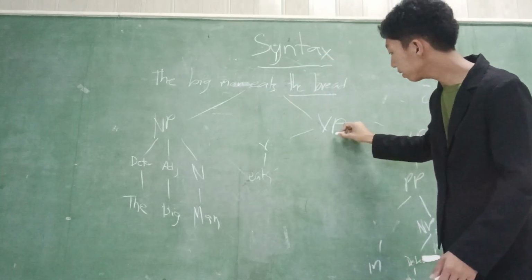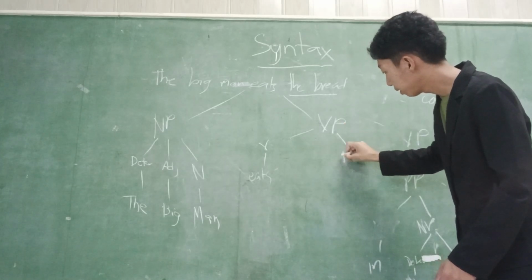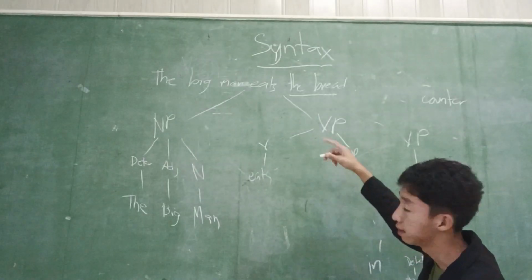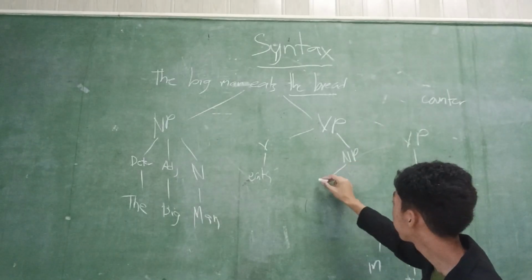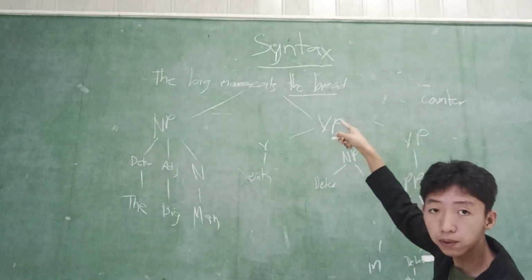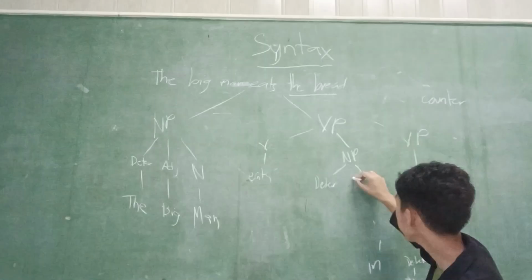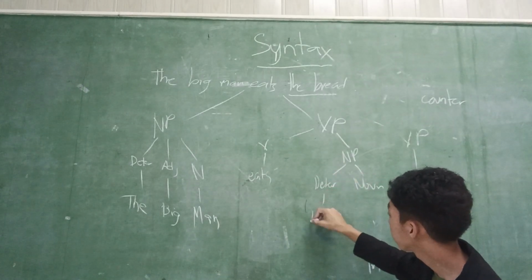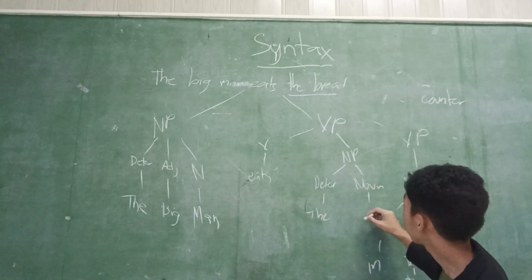So we will have the NP, and in the NP we have the determiner, the, and then bread, which is a noun.